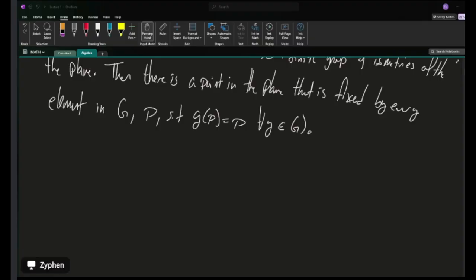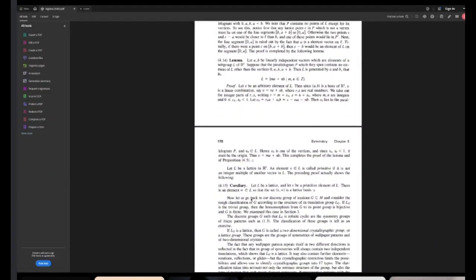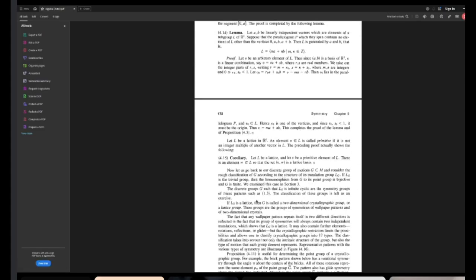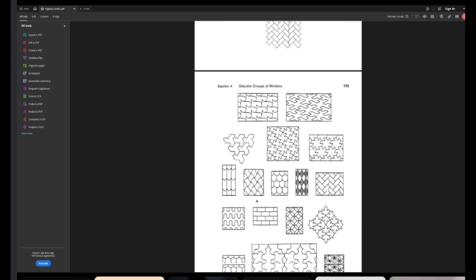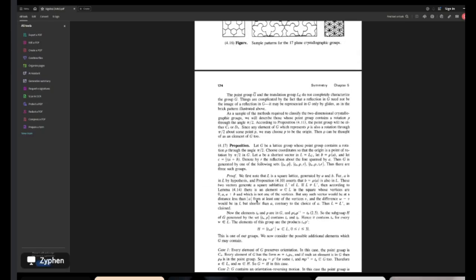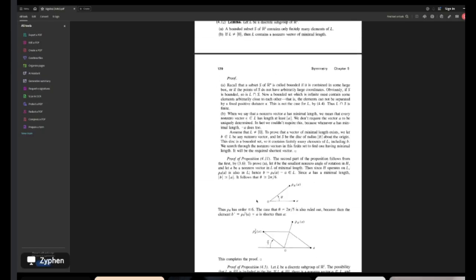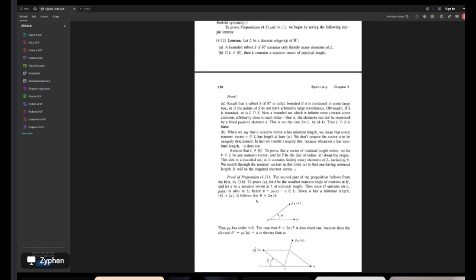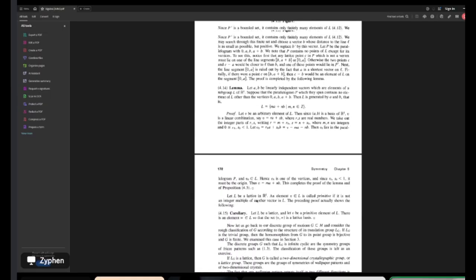That doesn't sound right. Do we know which theorem is the fixed point theorem?